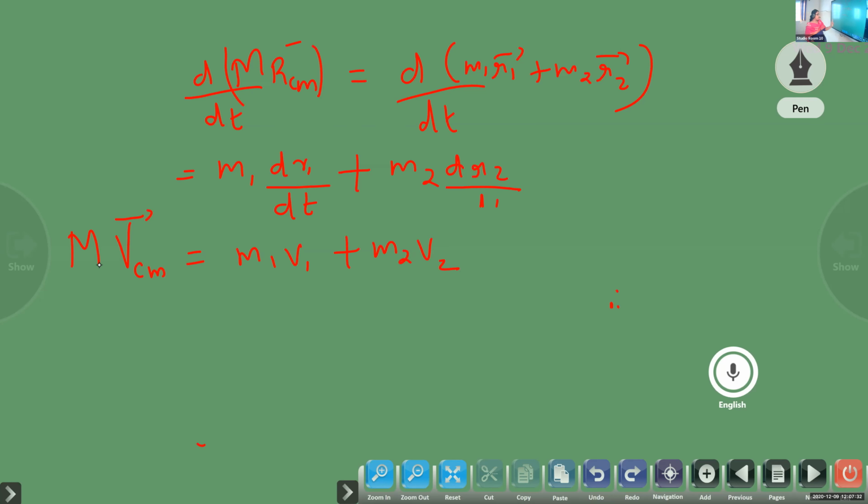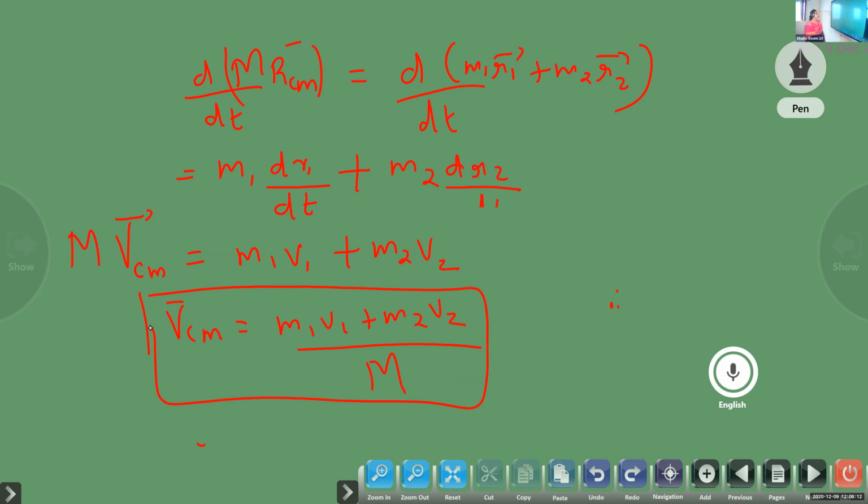Now V_CM is equal to M1 V1 plus M2 V2 divided by capital M. So that is the final equation, to find out the velocity.